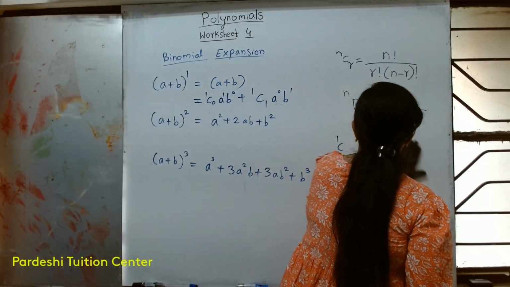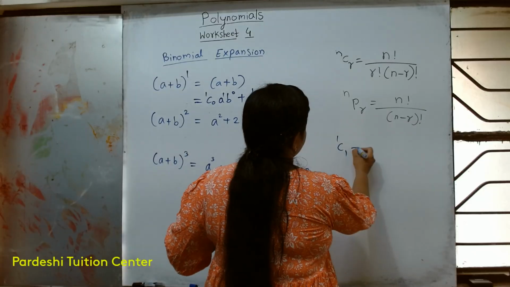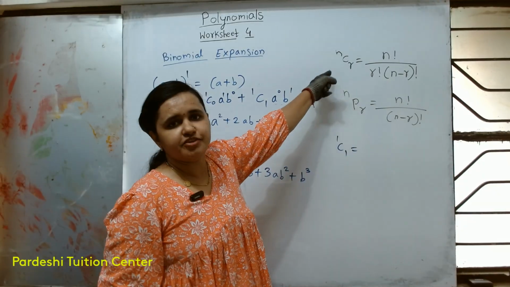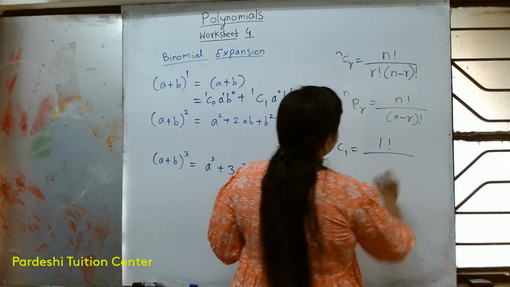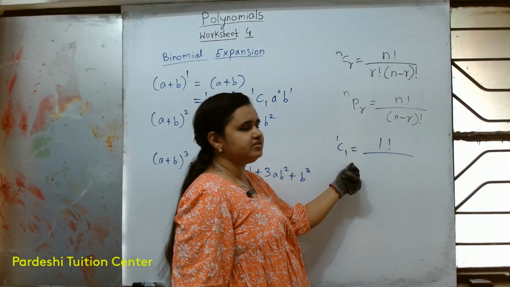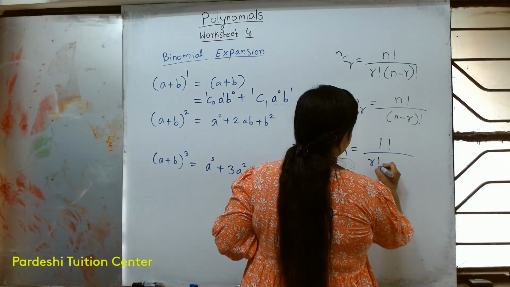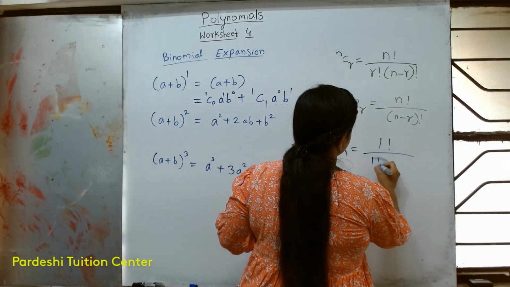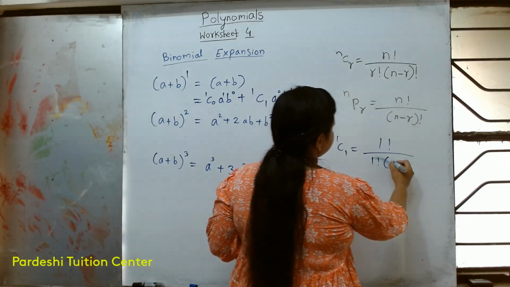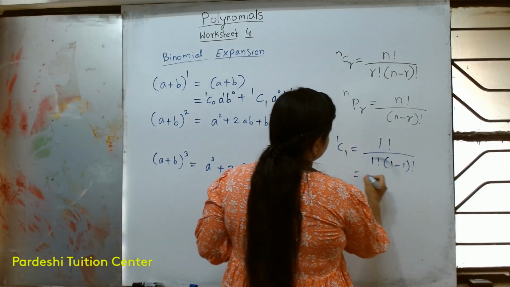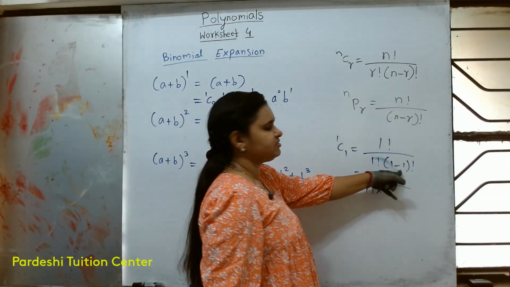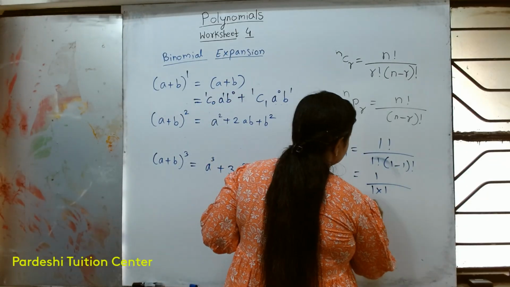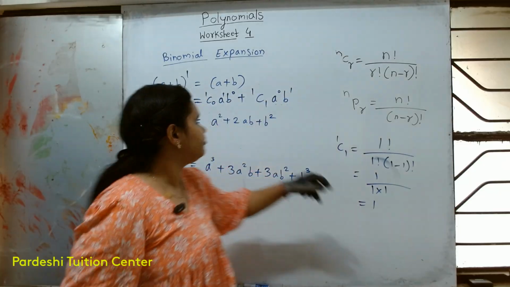Putting it in that formula, n factorial means 1 factorial upon r factorial, here r is 1, so 1 factorial into n minus r, 1 minus 1 factorial. 1 factorial is 1, 1 minus 1 is 0, and 0 factorial is again 1. So the answer is 1 for 1c1 also.